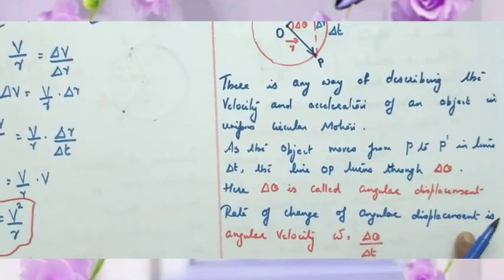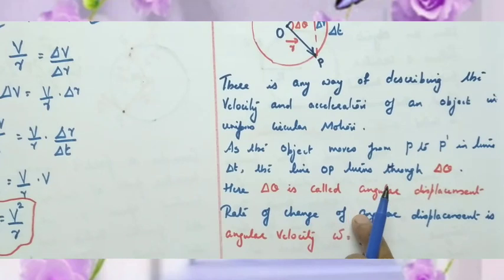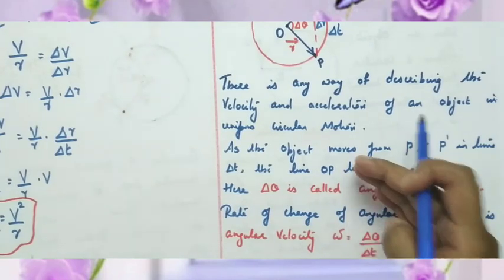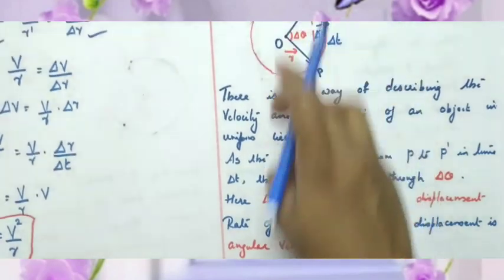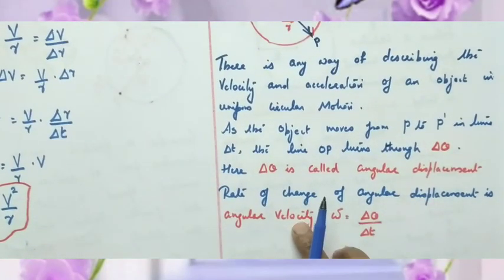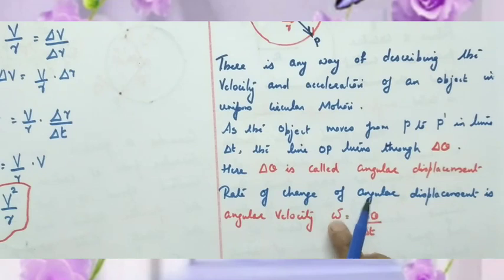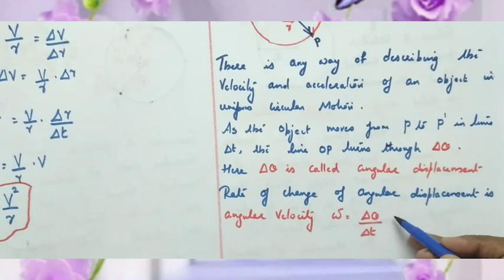The rate of change of angular displacement is called angular velocity. We know velocity in linear motion: velocity is displacement divided by time. In circular motion, angular velocity is represented by omega. Omega is angular displacement divided by time.